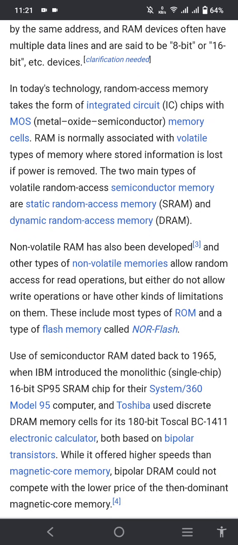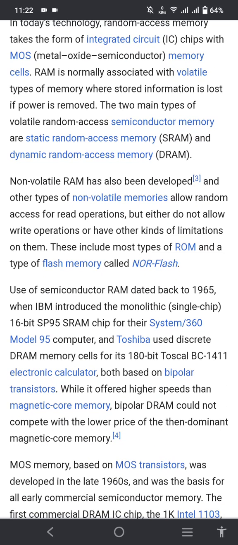Use of semiconductor RAM dates back to 1965 when IBM introduced the monolithic single chip 16-bit SP95 SRAM chip for their System/360 Model 95 computer, and Toshiba used discrete DRAM memory cells for its 180-bit Toscal BC-1411 electronic calculator, both based on bipolar transistors, which offered higher speed than magnetic core memory.